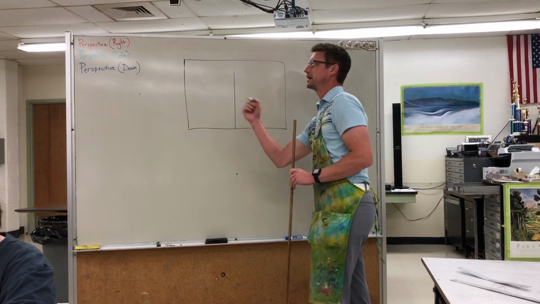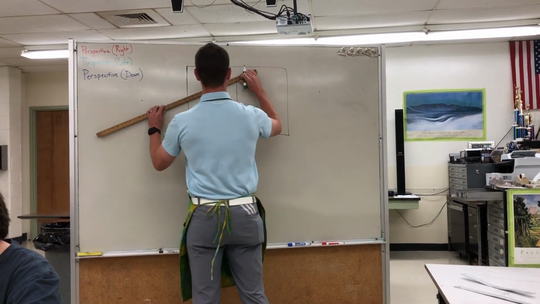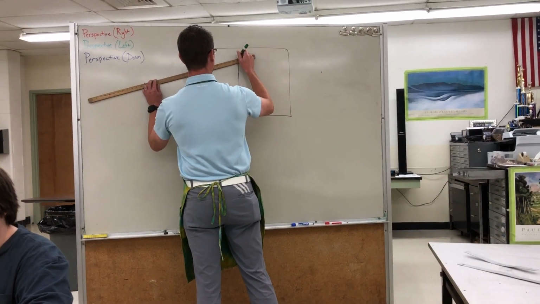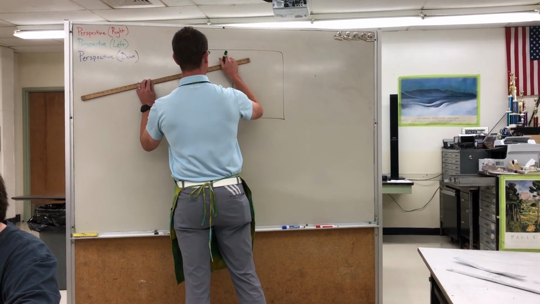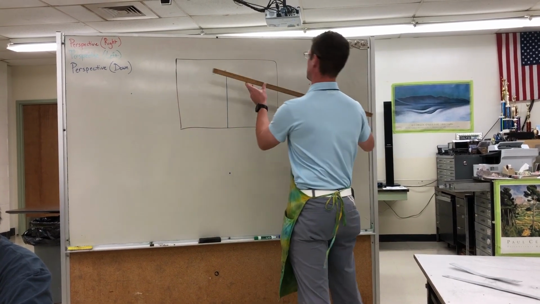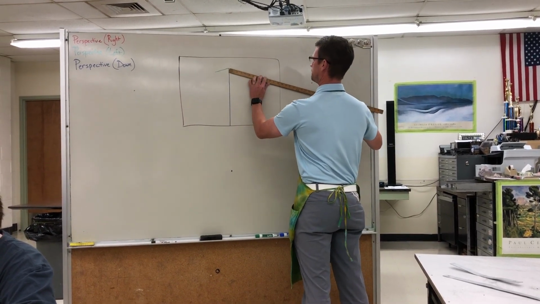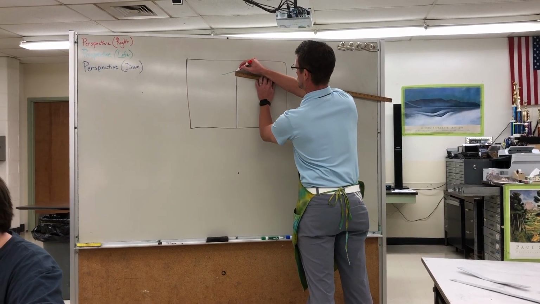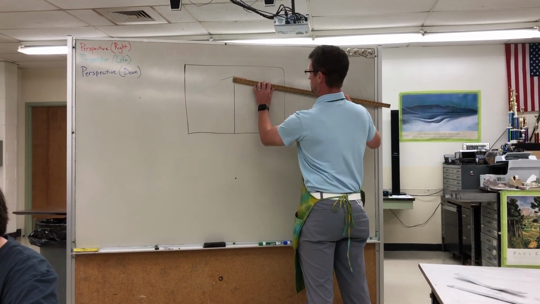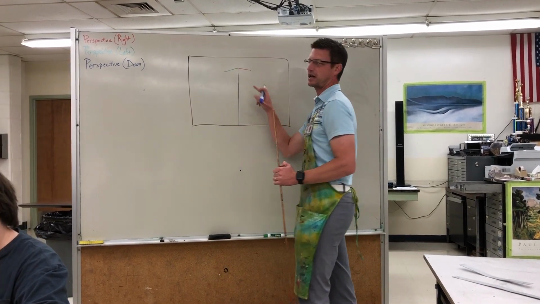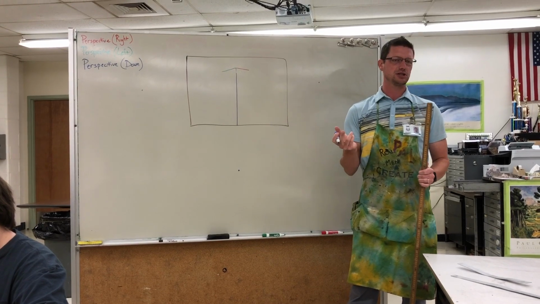Next I'm going to take my left perspective. That'd be green. I'm going to make a line going in this direction. Then I do the same with the right. And you kind of notice that this looks like the 2-point perspective that we just did.